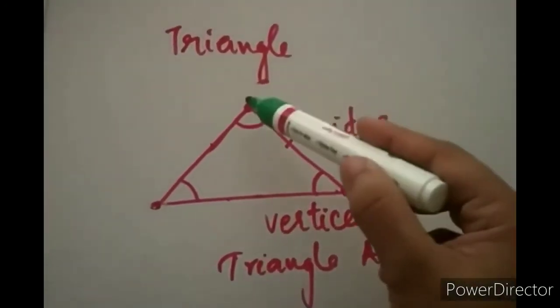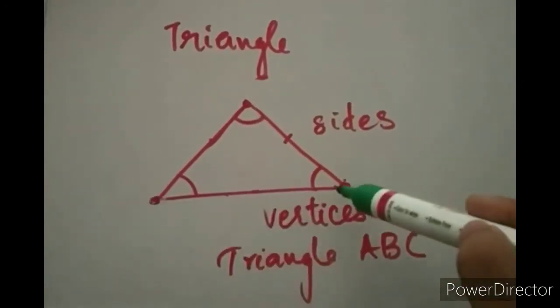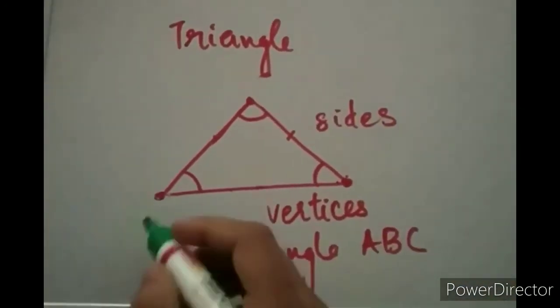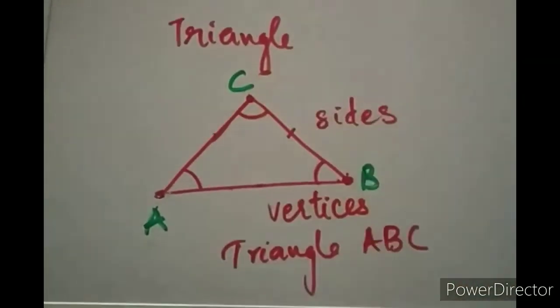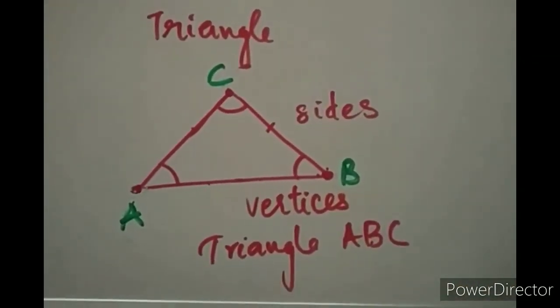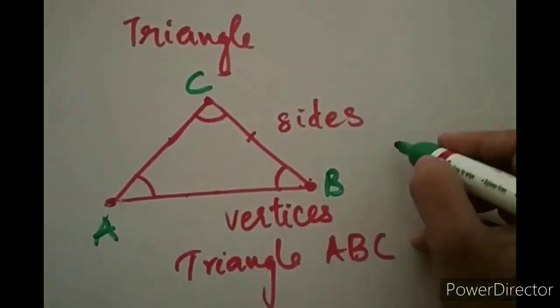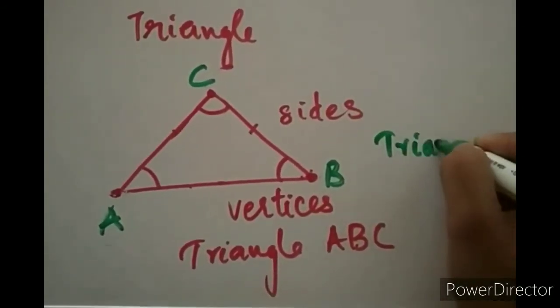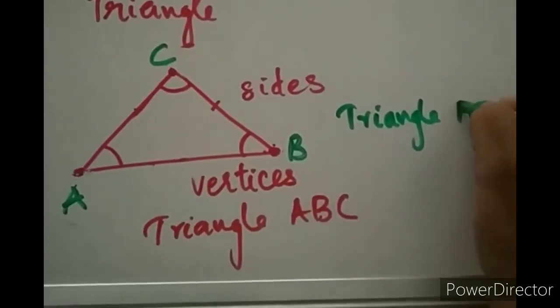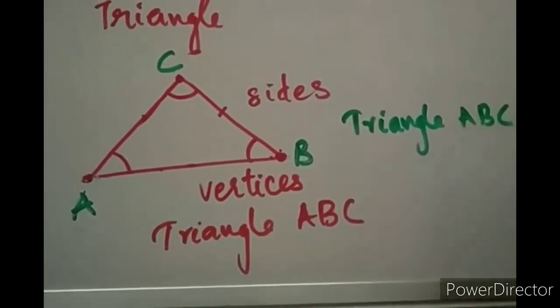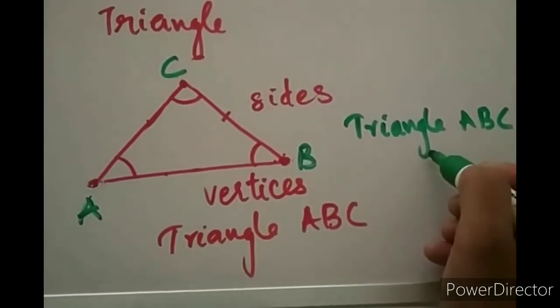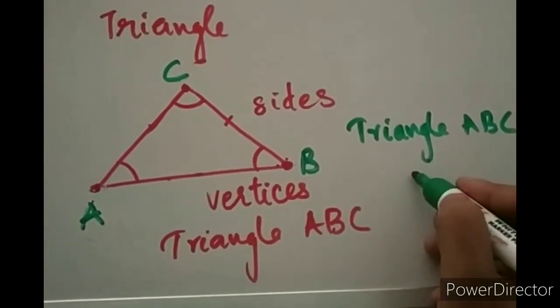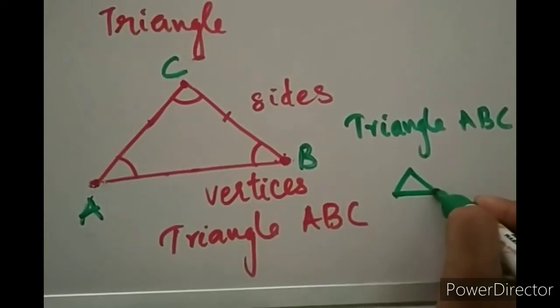If I am giving a name to each of these vertices like this, we can name this triangle as triangle ABC. Instead of writing the word triangle, we can use the symbol of a small triangle.